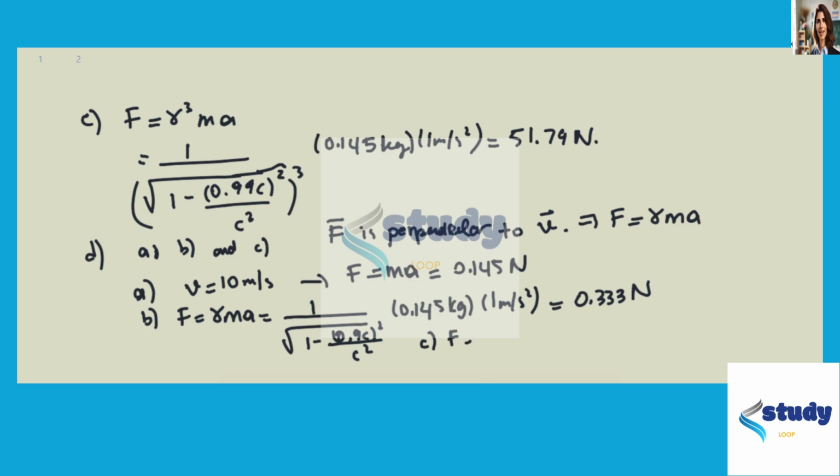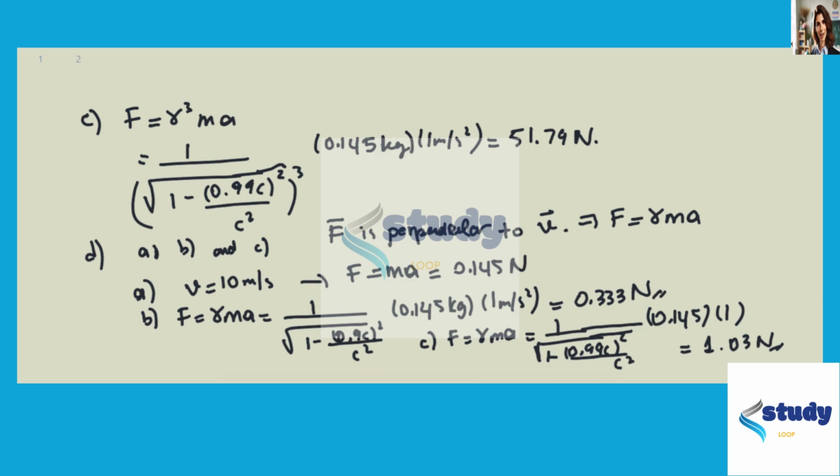Using the same formula, our answer to part C is also going to change: 1 over the square root of 1 minus 0.99c squared over c squared, m is 0.145 times 1. The answer is 1.03 newtons. So you can see how much they change when the acceleration is perpendicular to the velocity.